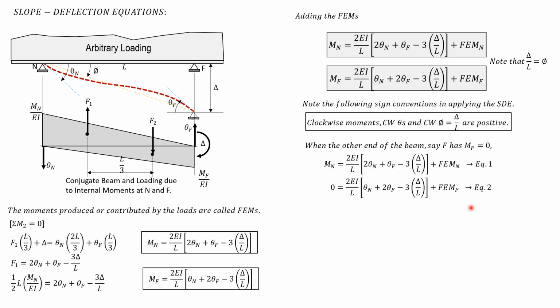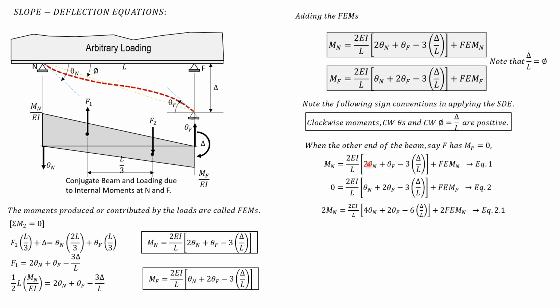So the objective is to eliminate theta f. Since the formula for M_n has 2 theta f, we multiply equation 1 by 2. So it becomes 2M_n equals 2EI over L, then that 2 is distributed on the inside terms in this bracket.